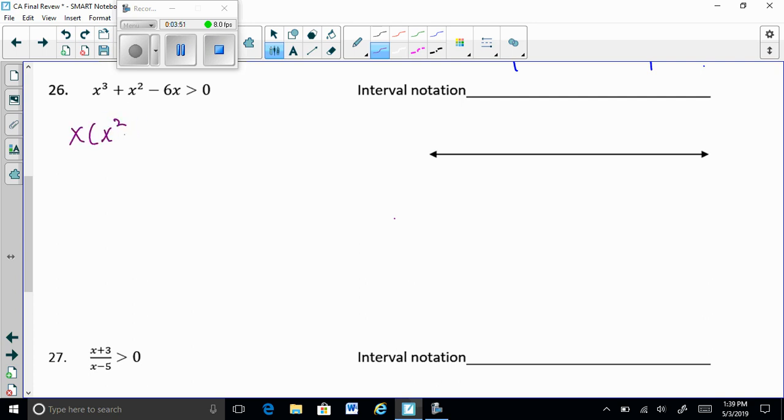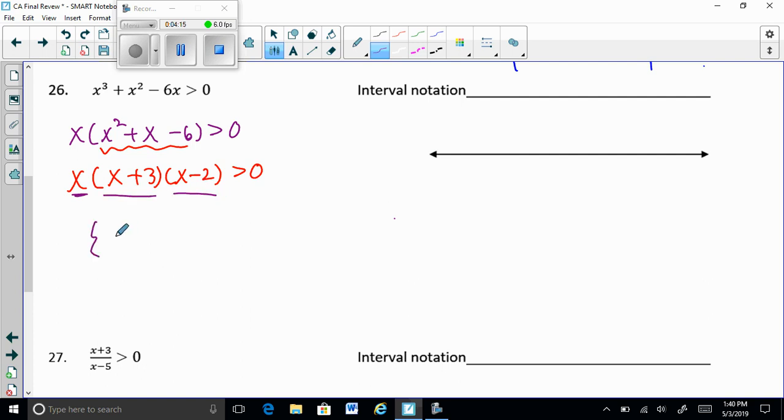That leaves me with x squared plus x minus 6 greater than 0. Then we'll factor that into x plus 3, x minus 2, greater than 0. So I do actually get three unique x-intercepts: 0, negative 3, and positive 2.